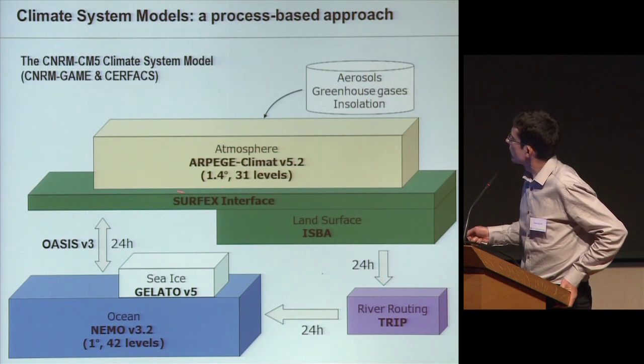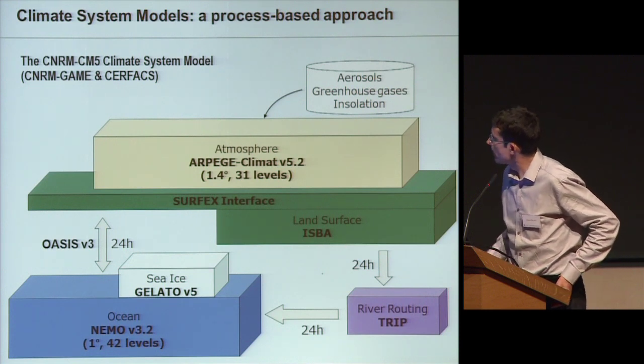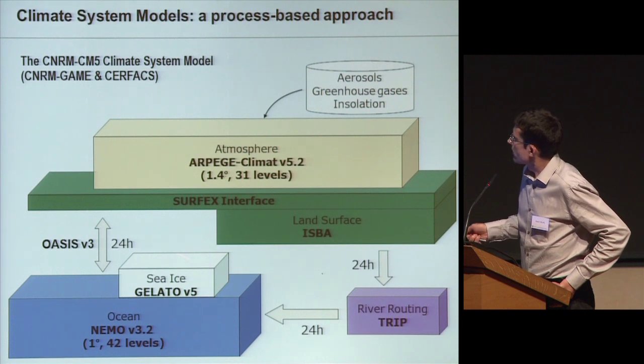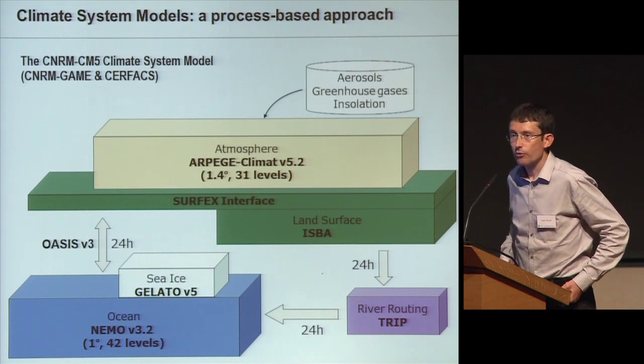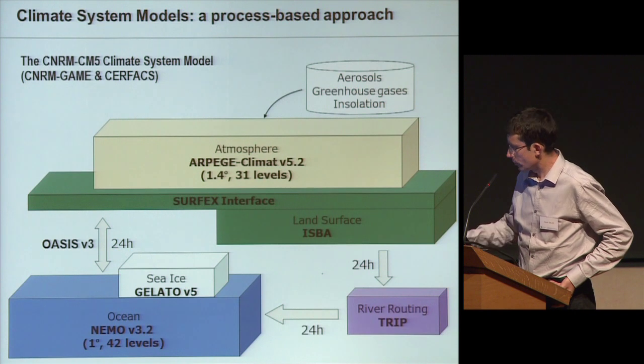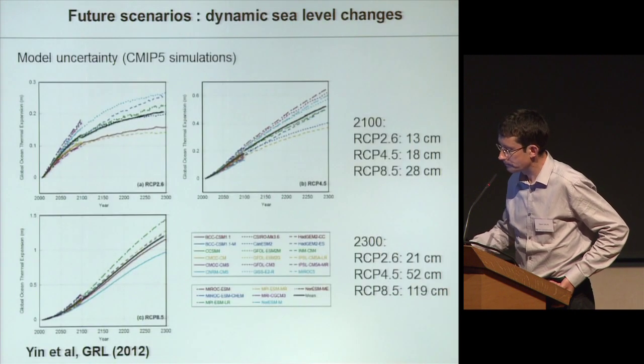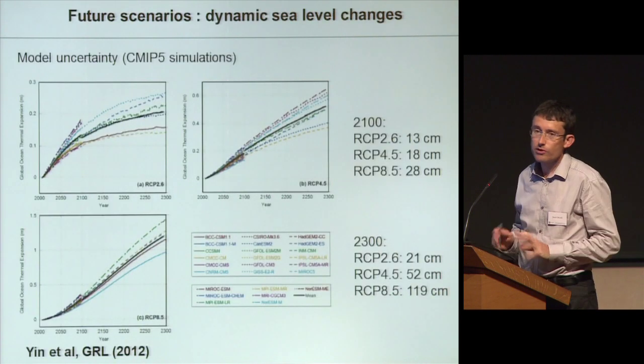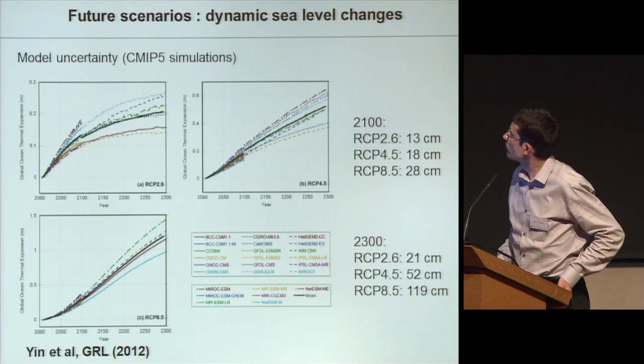Coupled to this atmosphere, we consider the land surfaces. There is runoff that goes into the rivers. This is delivered into the ocean, ocean with sea ice, and everything has a resolution of about 1 degree or 100 kilometers horizontally, which is the median resolution of that kind of new generation model.